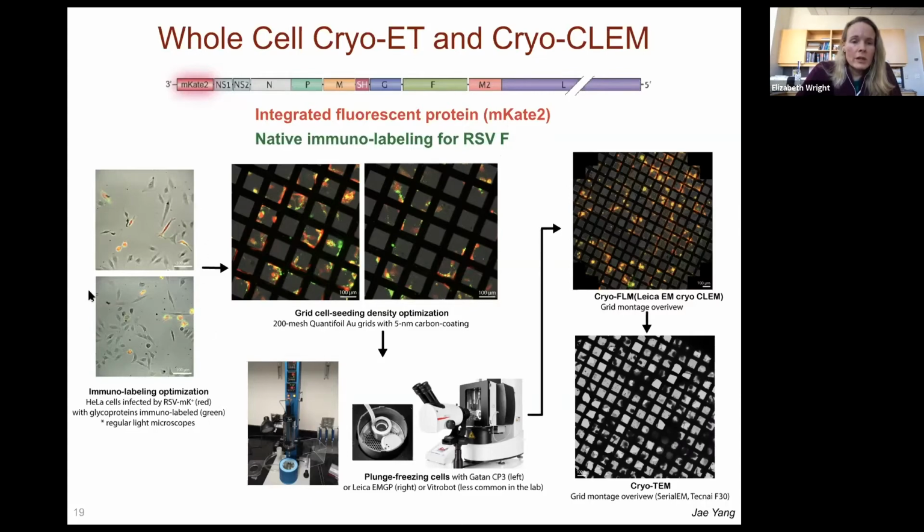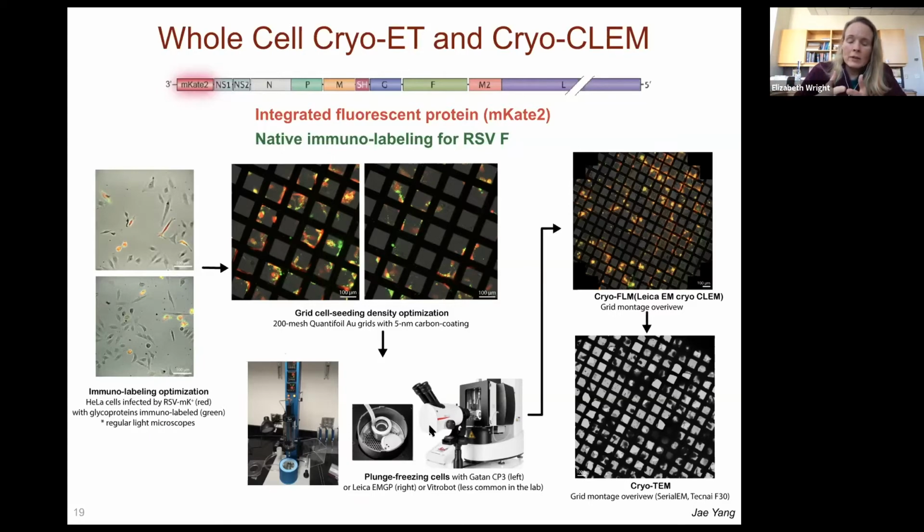So here, Jay developed the immunolabeling system where you can see the different cells. She's grown them on the grid, seeded them at sufficient levels, examined them by fluorescence microscopy, then she's plunge frozen them. We have multiple different plunge freezers we use. Depends really on the cell system that we're investigating, which one works best, because cells, especially mammalian cells, are very delicate.